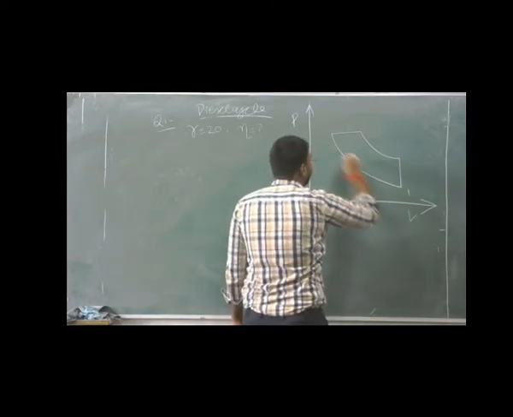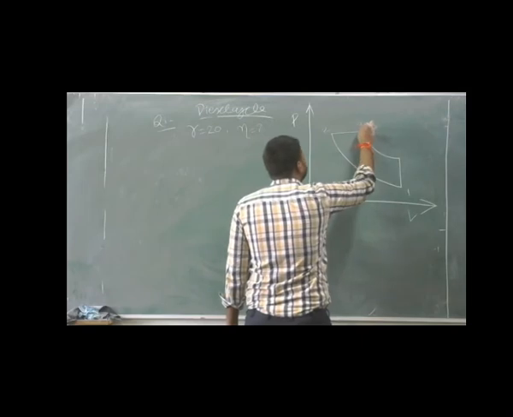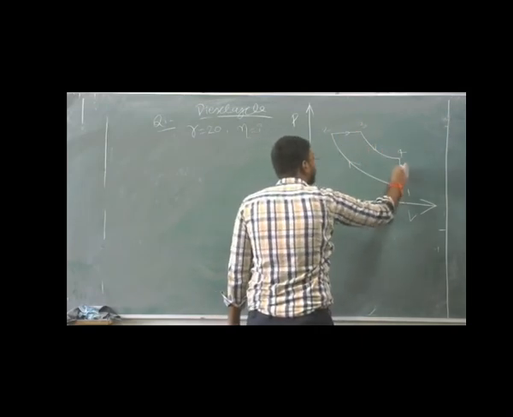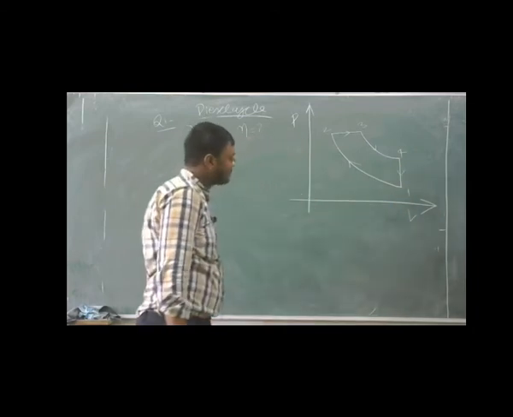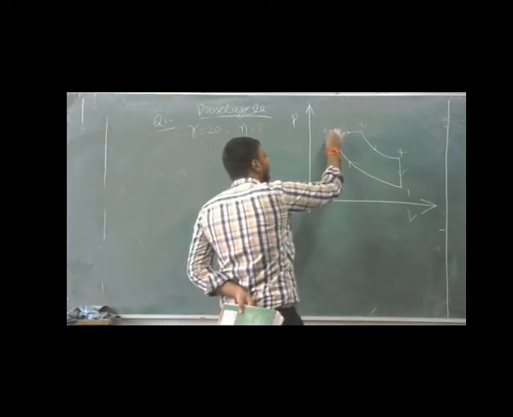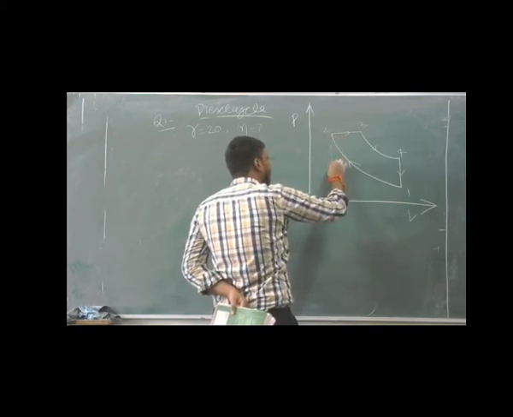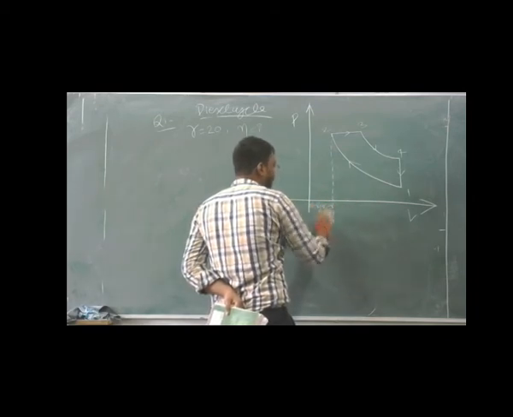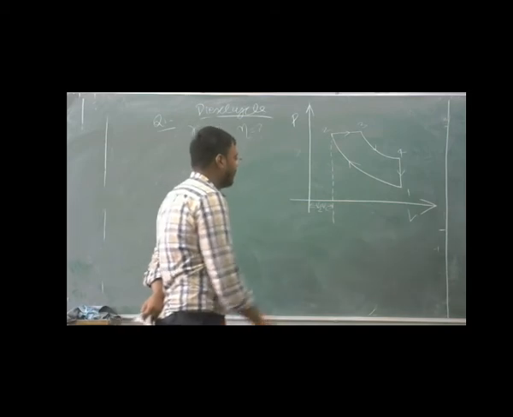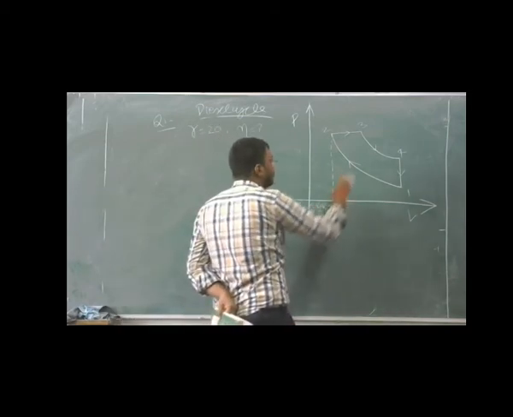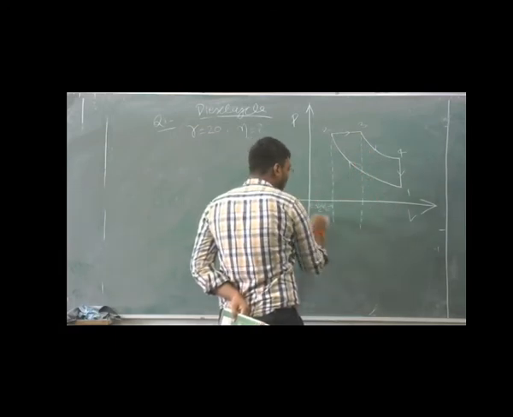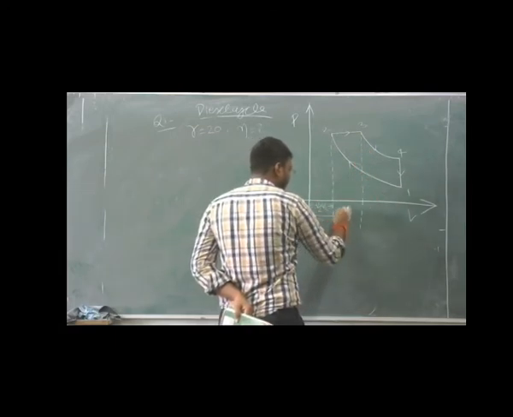Points 1, 2, 3, 4. Now, corresponding to point 2, this is volume V2, which is equal to Vc, the clearance volume. Corresponding to point 3, the cutoff point, this is volume V3.